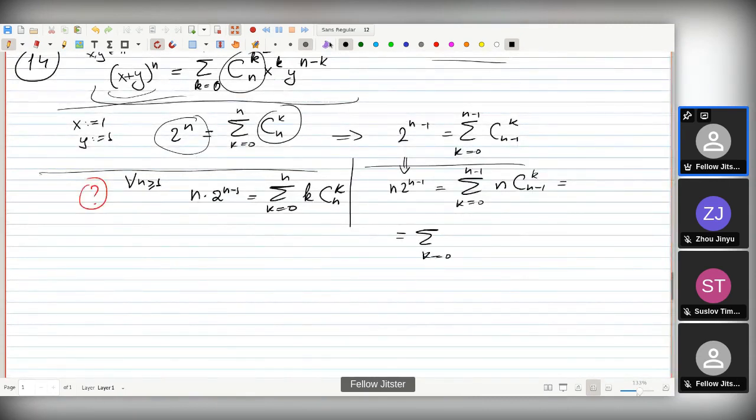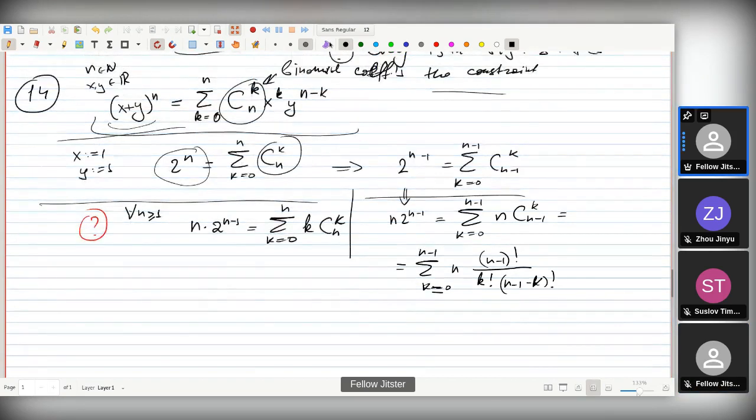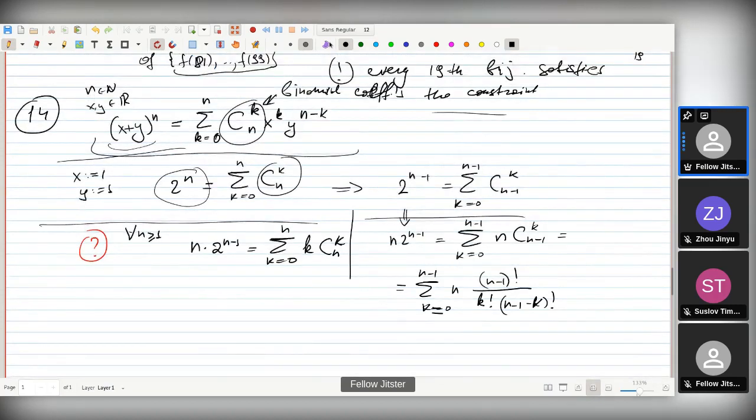So we will obtain n multiplied by n minus 1 factorial over what? k factorial, n minus 1 minus k factorial. Yes, indeed. But here we have some difference with our previous argument.